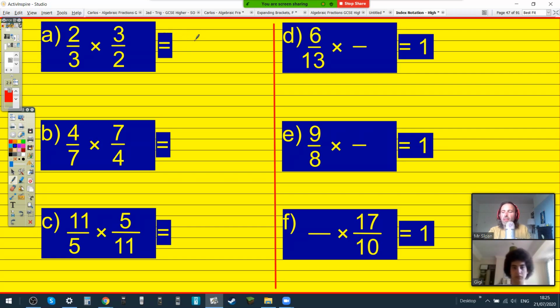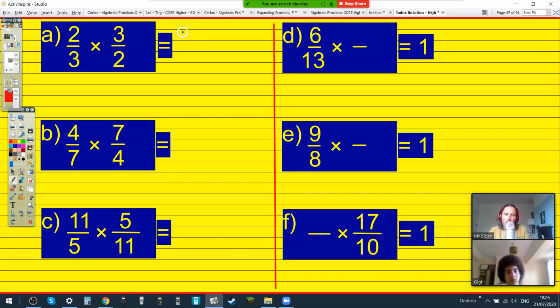Top left. Also left. 2. Oh, 2 times 3, 3 times 2.